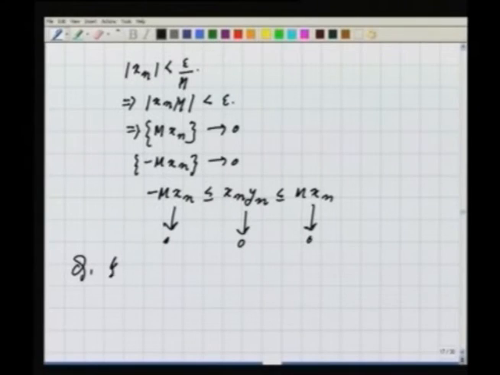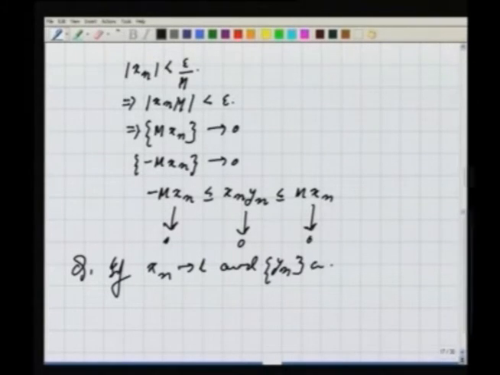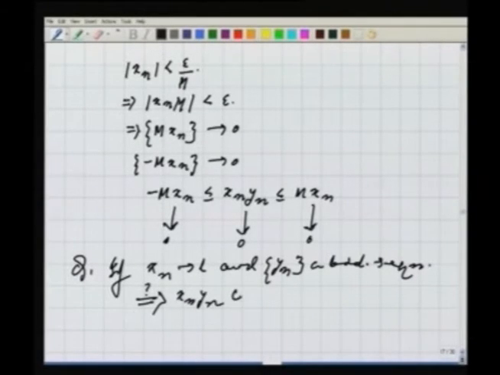Isn't it true that if xn converges to L and yn is a bounded sequence, this implies xn yn converges?